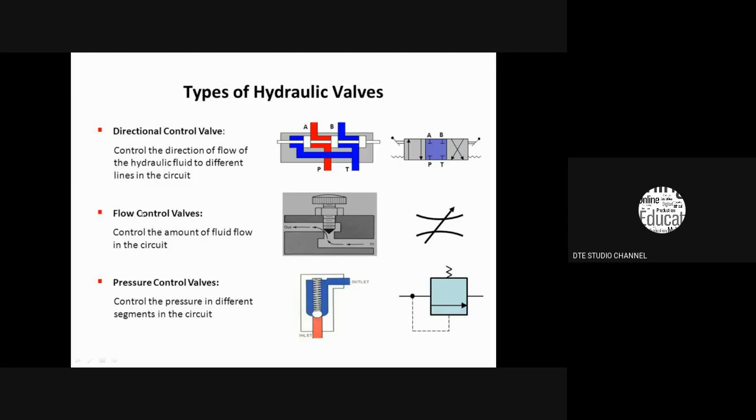I already explained the function of a flow control valve. It depends upon the flow rate, depending upon the speed at which the load has to move. And another type of control valve, the pressure control valve, is also used to regulate the pressure of fluid in the system.